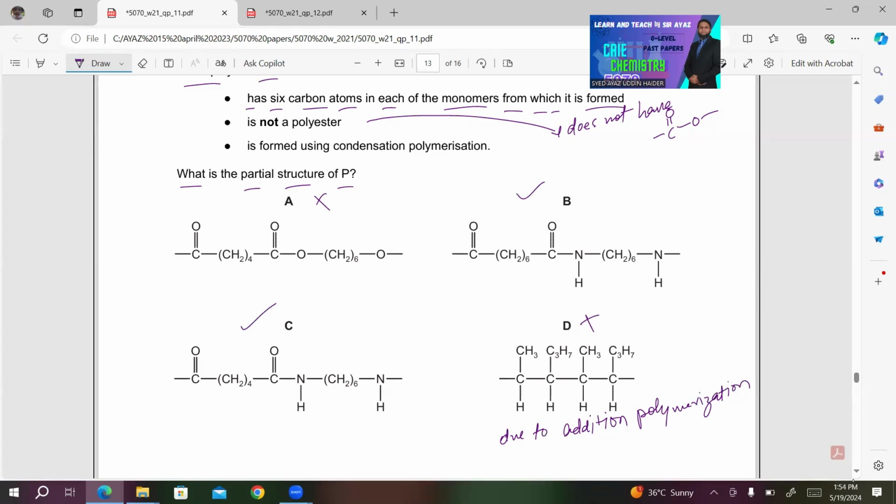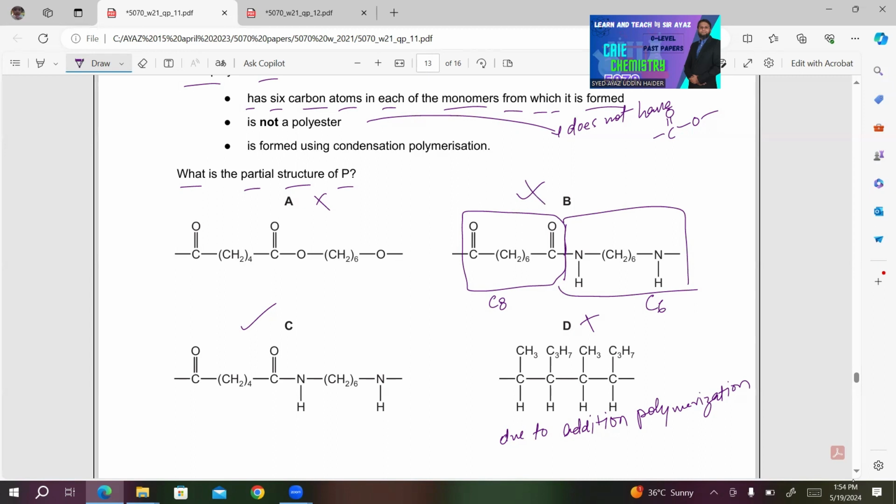Now there is one more information, 6 carbon atoms in each of the monomers. Now I will break down the monomers. For B, we have this monomer. We have 6 plus 2, C8. What about the next one? We have 6 carbon. So B can't be the right answer. We have a C6 and C8 combination.